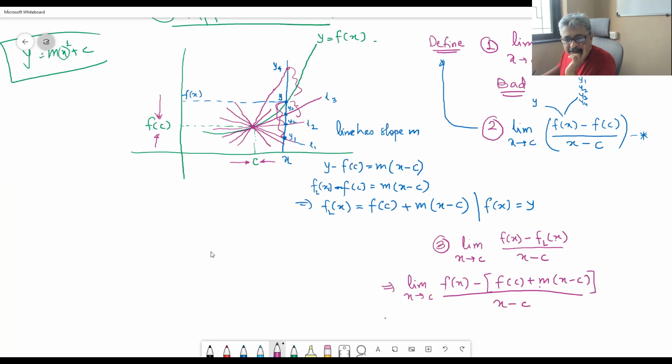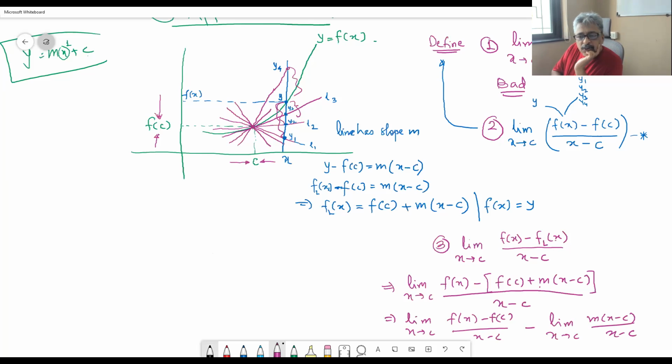Then I realize that it is limit x tends to c of f of x minus f of c upon x minus c, minus limit x tends to c of m times x minus c upon x minus c.